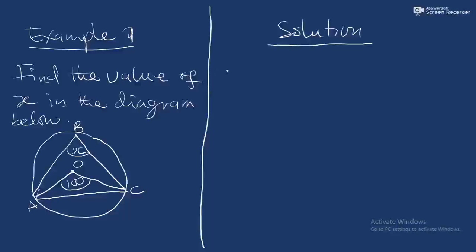Good. So from the second theorem, we can identify a chord, which is AC. Now from the diagram, chord AC formed the 100 degrees at the center O, and then the same chord AC formed the angle X at B. So once we are able to identify this chord and we know the relationship between this angle and this angle formed by the same chord, we put that relation down, we substitute, then we simplify.